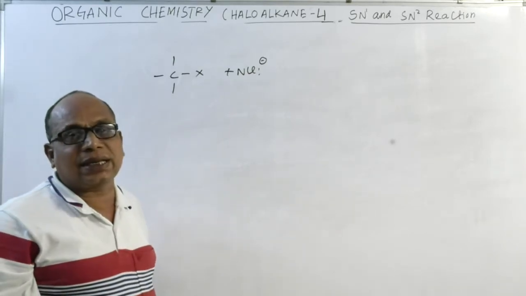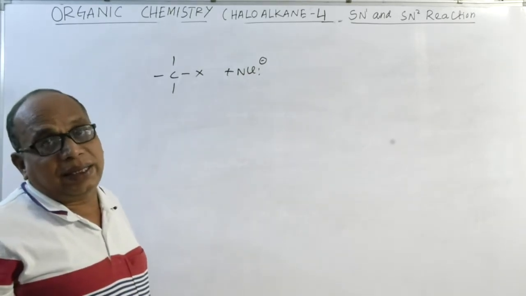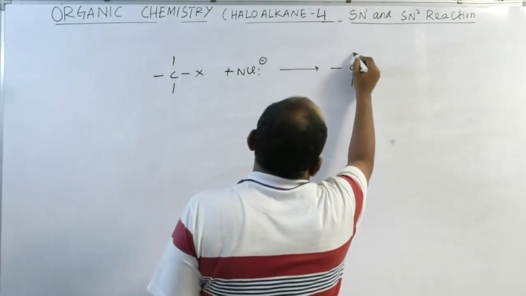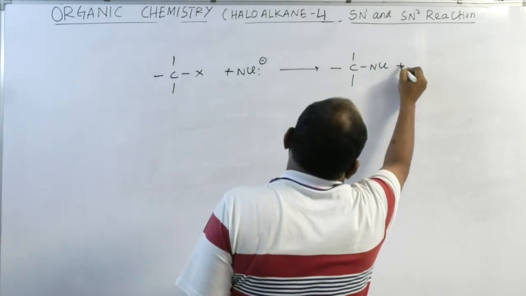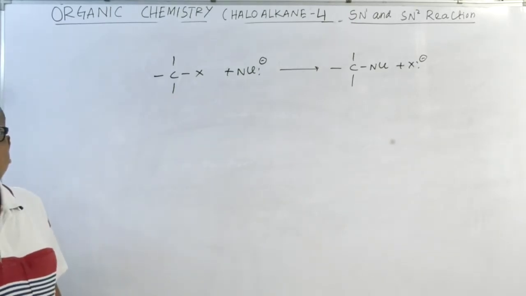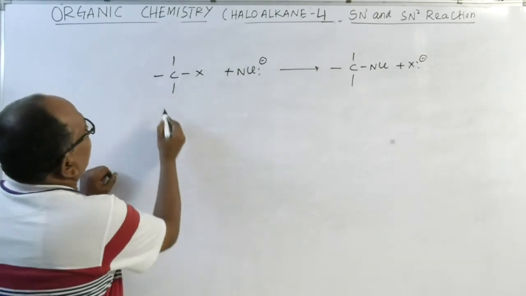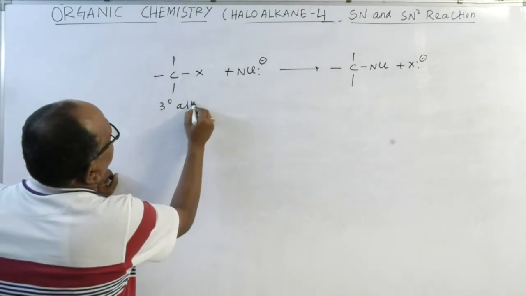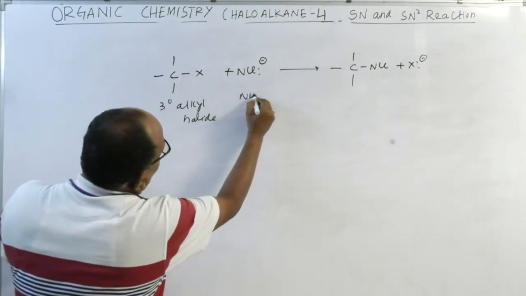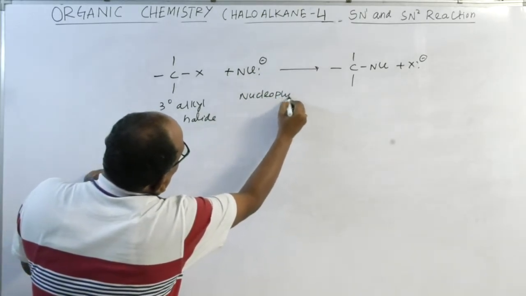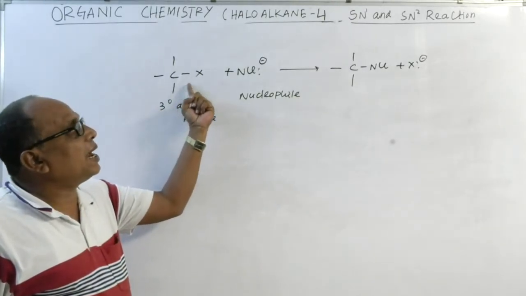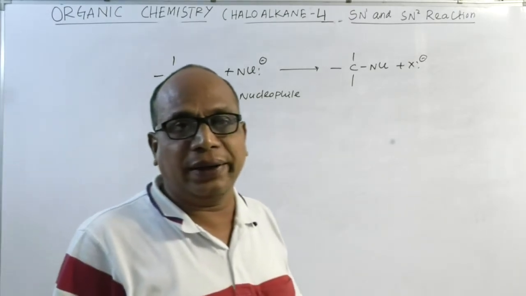Last class I discussed what a nucleophile is, with some examples. It gives a nucleophilic substitution product. There are two reagents: one is the tertiary alkyl halide, another is the nucleophile.